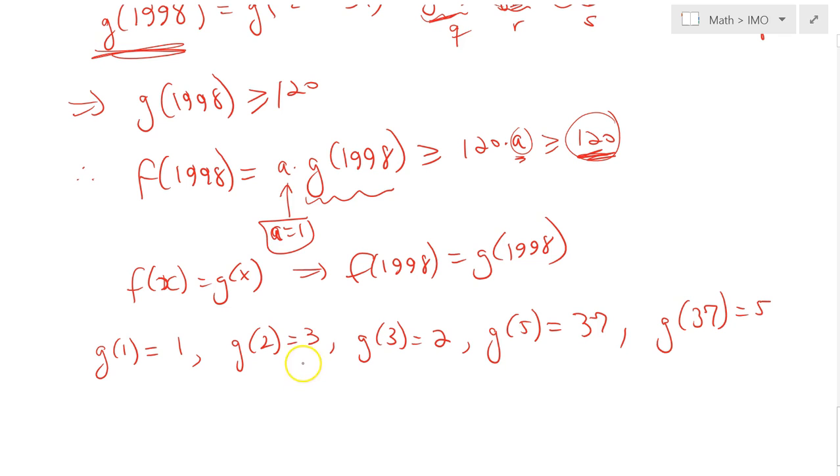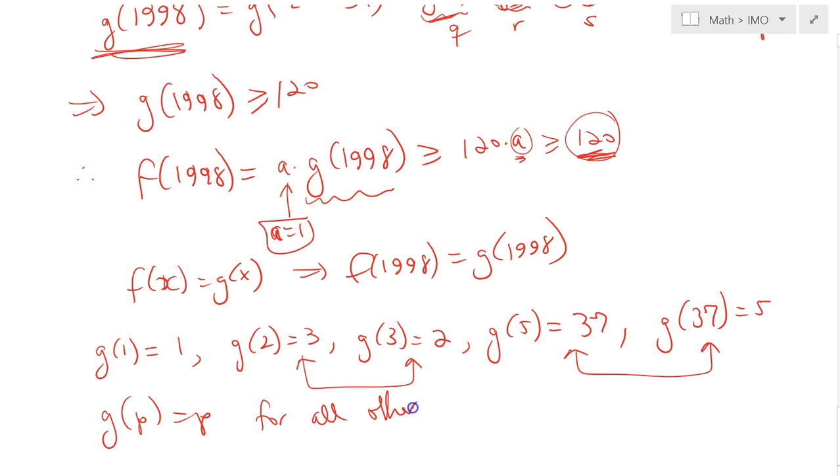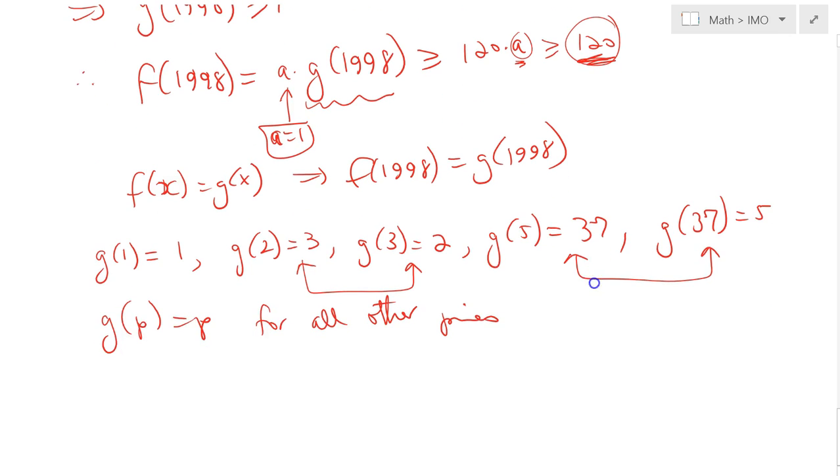You see the swapping business here. For the rest of the primes we will let g of p be equal to p, meaning all the other primes except 2, 3, 5, and 37.